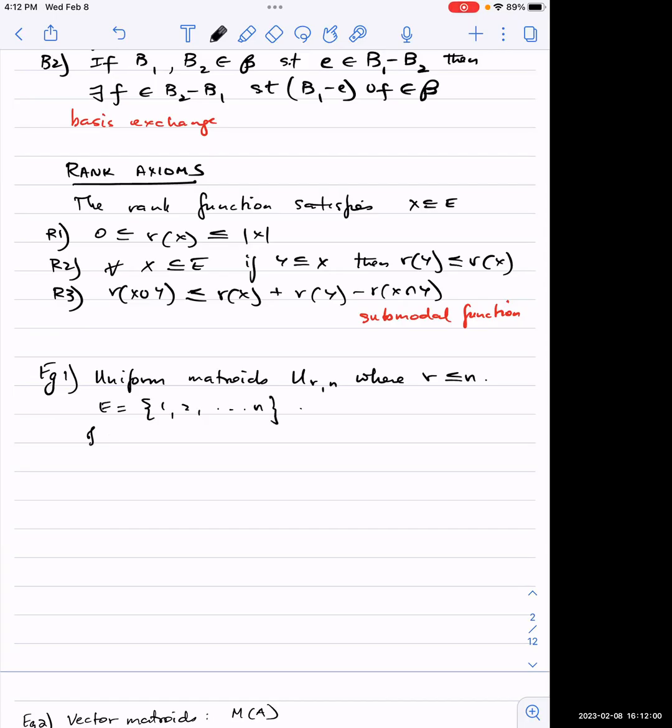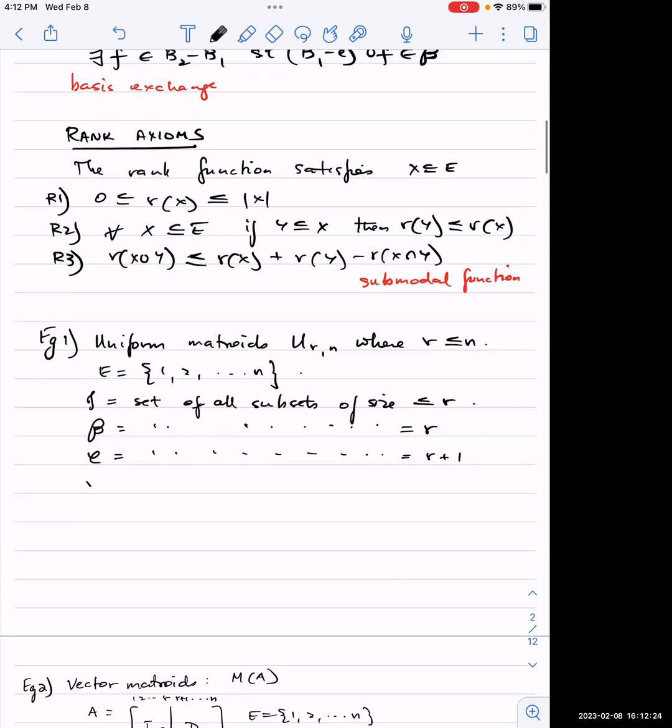And then the independent sets are the set of all subsets of size less than or equal to r. And the bases would be the set of all subsets of size equal to r. And circuits would be the set of all subsets of size equal to r plus 1.